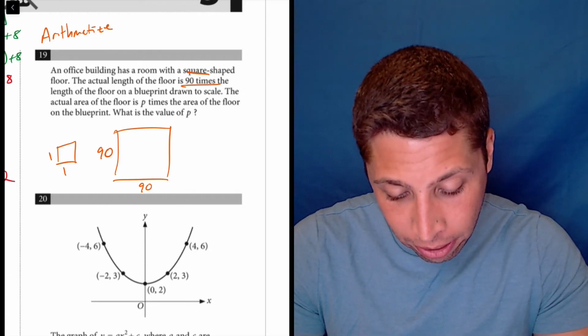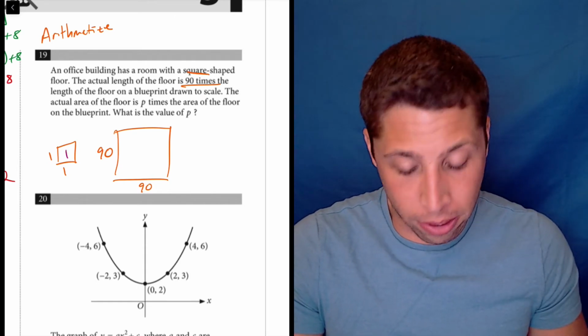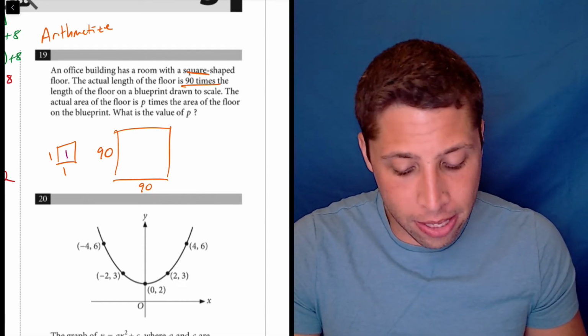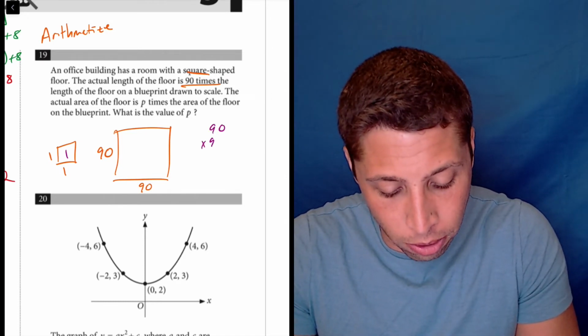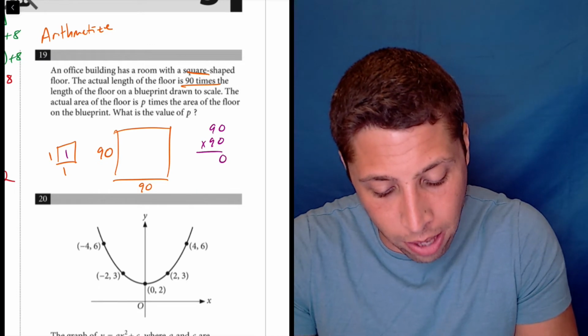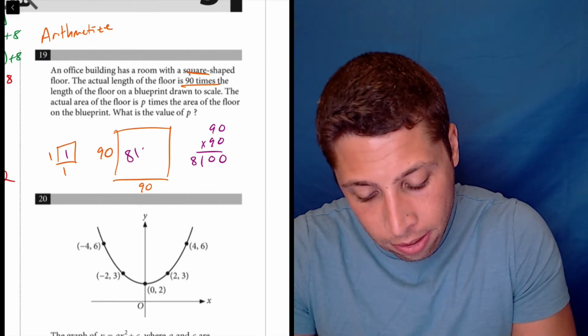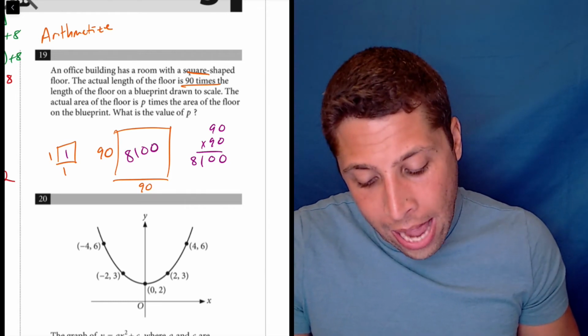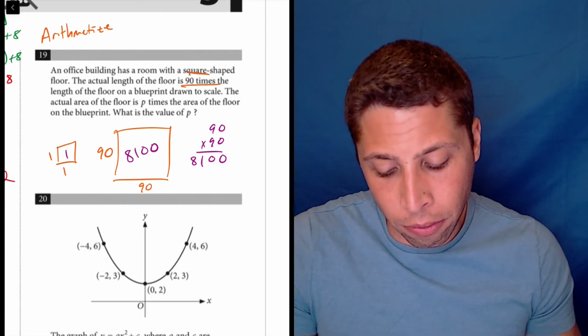So what is the area of the floor? Well, it's 1 by 1 in the blueprint. And then 90 times 90, I can show you the actual math here. 9 times 0 is 0. 9 times 9 is 81. So there it is. The actual area of the floor is P times the area of the floor in the blueprint.